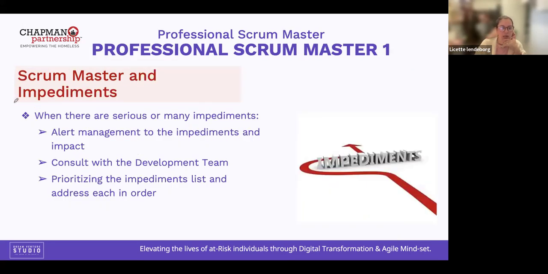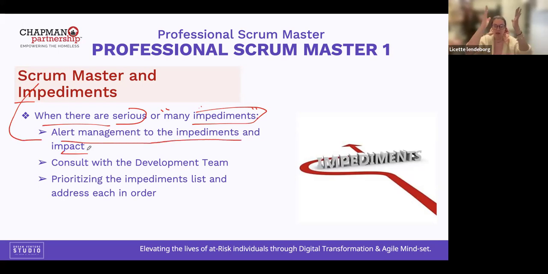So the Scrum Master and impediments: when there are a series of many blockers, impediments, or obstacles, the Scrum Master is supposed to alert the management to the impediments and impacts. So make a list of issues and then have a conversation with the top executives to explain that we are having a lot of impediments and we need help, and escalate to the executive team of the organization. The Scrum Master can make consultations and speak with the development team at any time, of course.